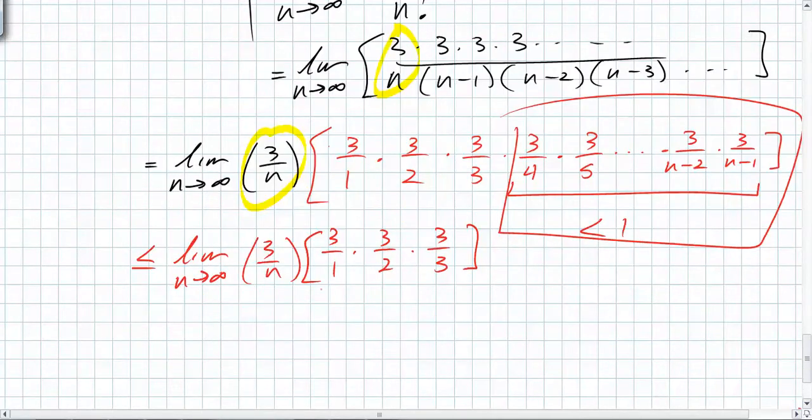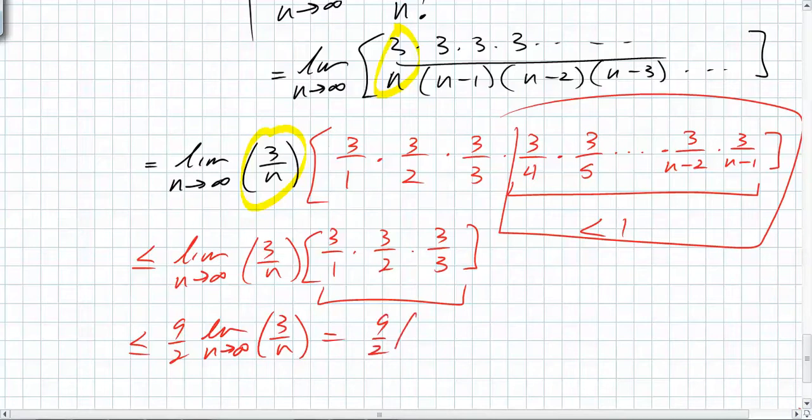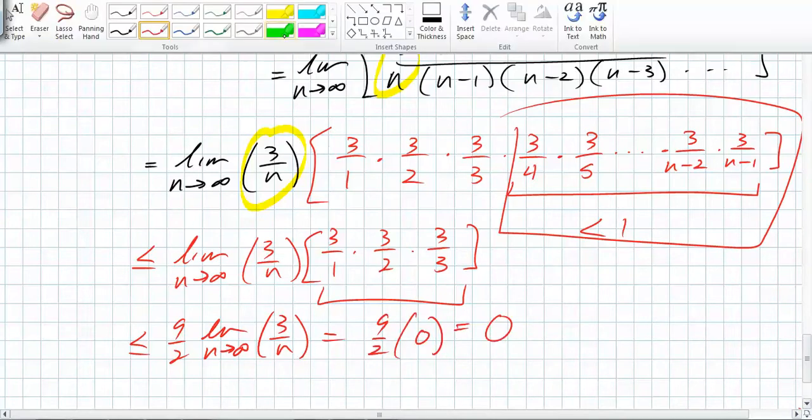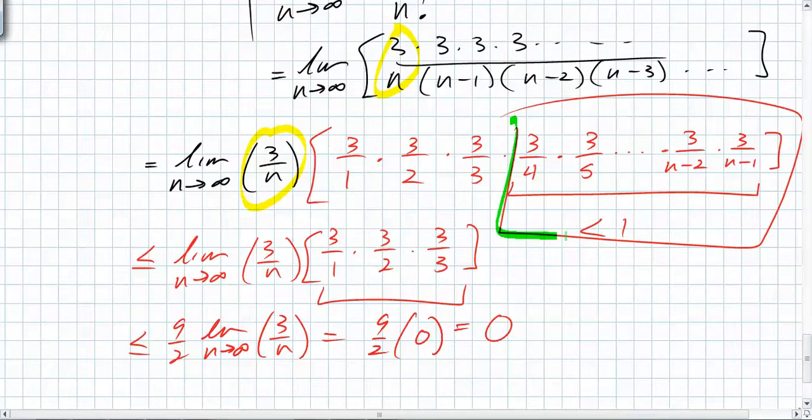Because what does this thing go to right here? 27 over 6, right? Which is just going to be 9 over 2. So now we have less than or equal to 9 over 2 times the limit as n goes to infinity of 3 over n, which is 9 over 2 times 0, which is 0.